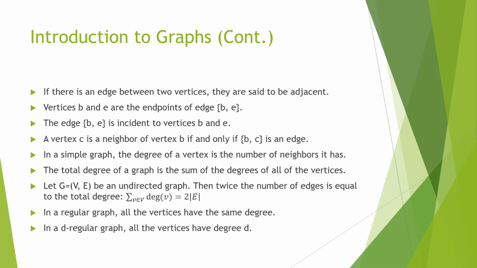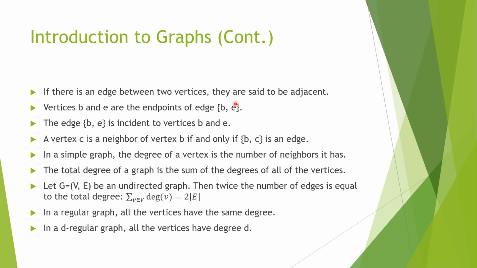Let's talk about some terms in graph theory. If there is an edge between two vertices, those vertices are said to be adjacent vertices. And then vertices B and E are the endpoints of an edge like this.